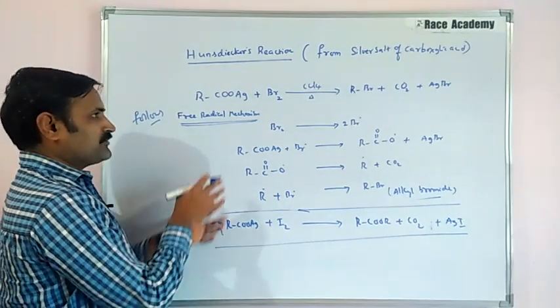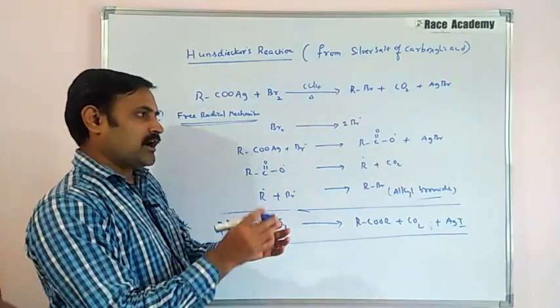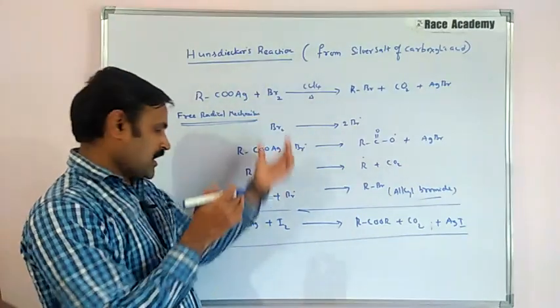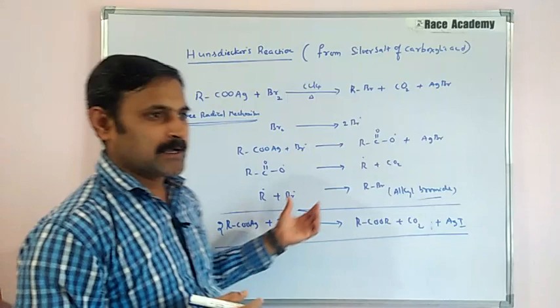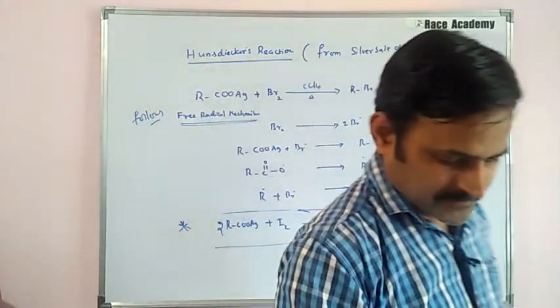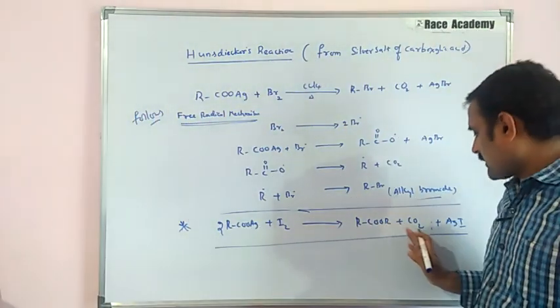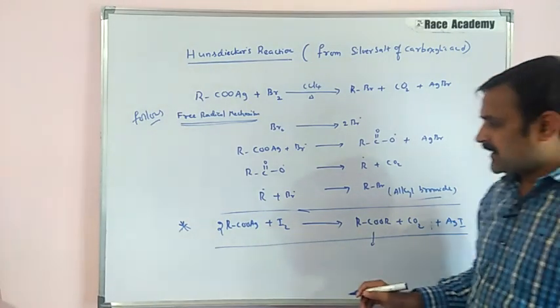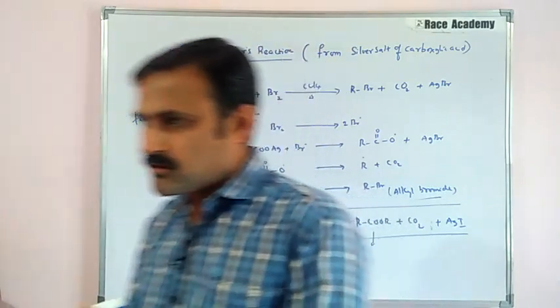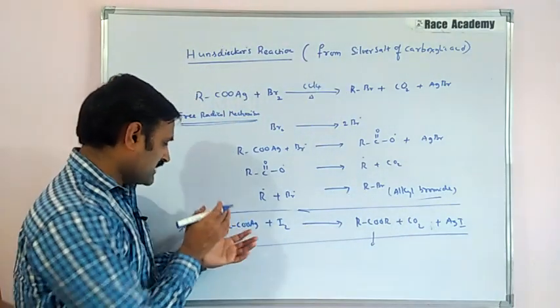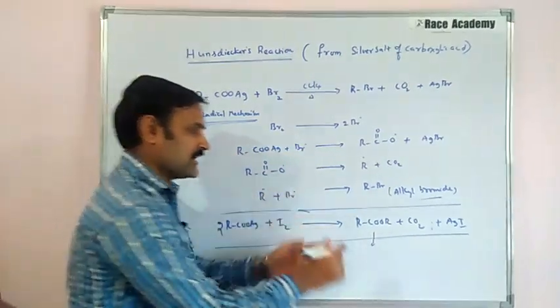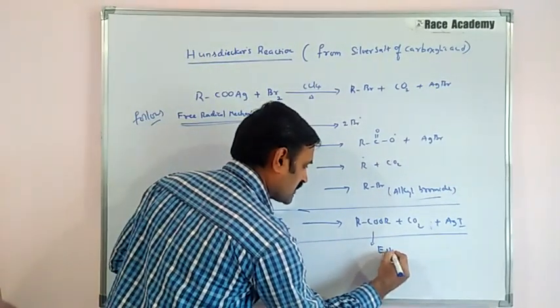So what we expect is obtained only when you take chlorine or bromine in the Hunsdieker reaction. Iodine is not going to give the alkyl halide along with carbon dioxide and AgI. The compound obtained in the reaction of the silver salt of carboxylic acid with iodine is not alkyl halide, it is an ester.